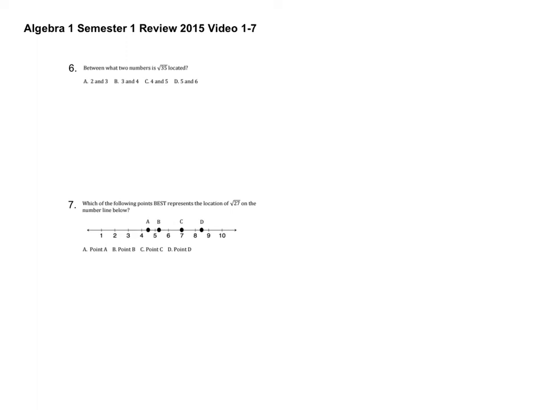Between what two numbers is the square root of 35 located? Now this can be done with a calculator, but I want to remind you we did this without a calculator. We looked at our perfect squares. Remember your perfect squares: 1 times 1 is 1, 2 times 2 is 4, 3 times 3 is 9, 4 times 4 is 16, 25, 36, 7 times 7 is 49, 64, 9 times 9 is 81, 10 times 10 is 100.